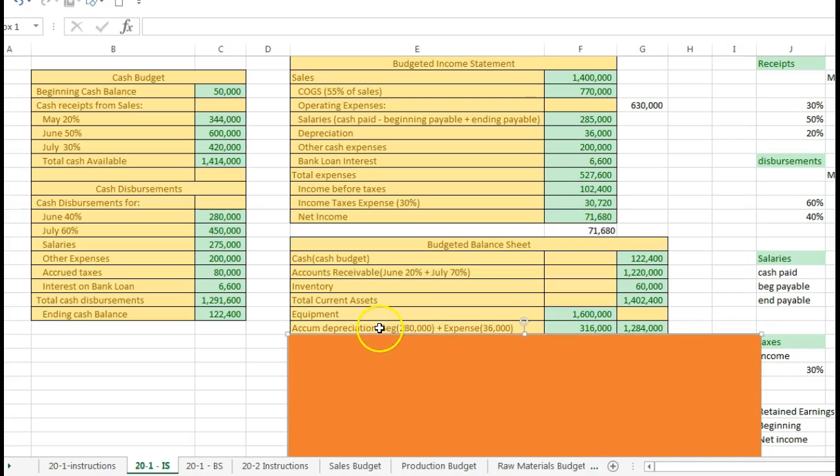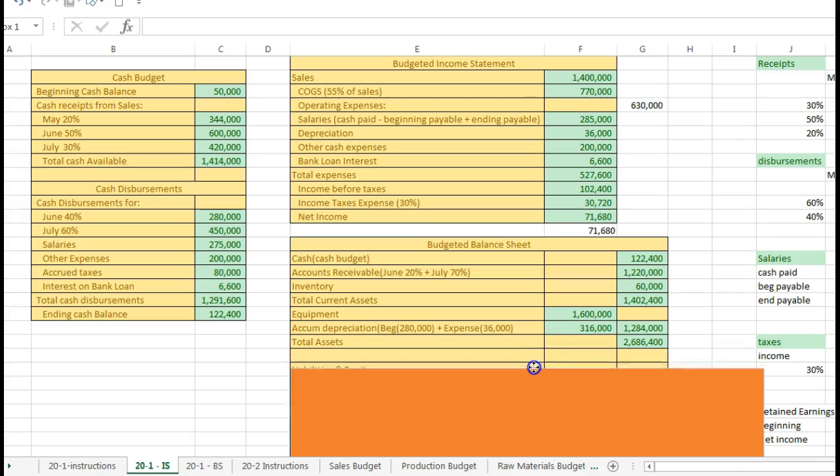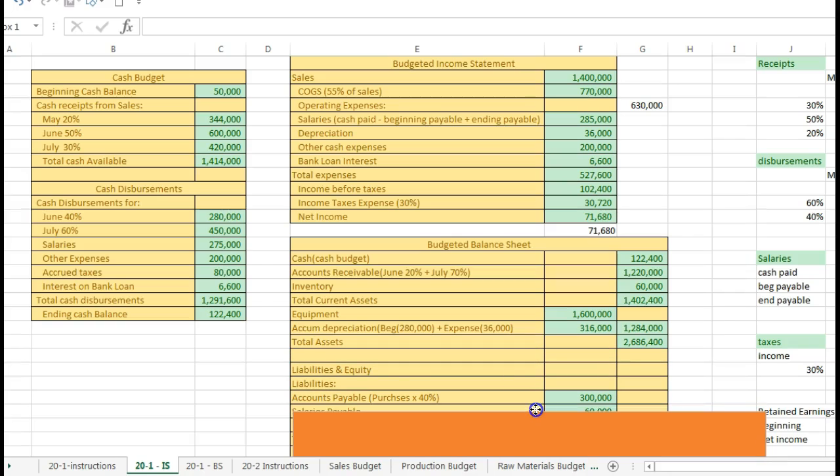But we had to calculate accumulated depreciation. It was $280,000, but we added $36,000 up here with the expense. So that gives us $316,000 of accumulated depreciation. And then that gives us a net value for our equipment over here. Now, that gives us total assets of $2,686,400.